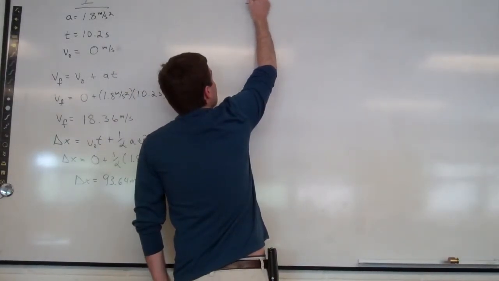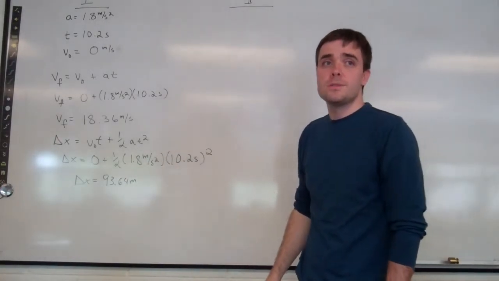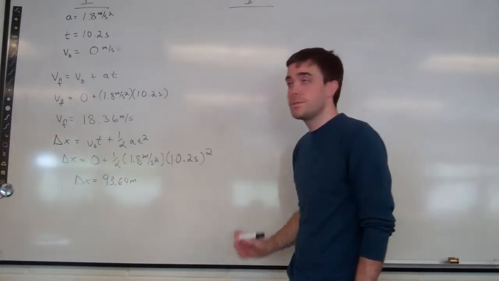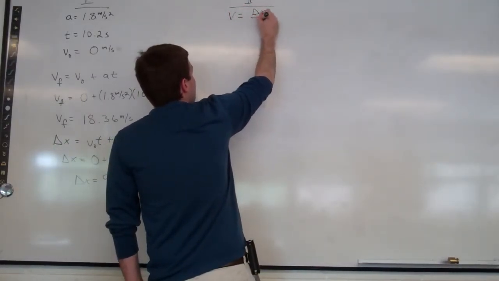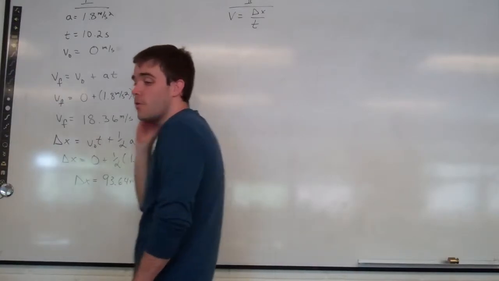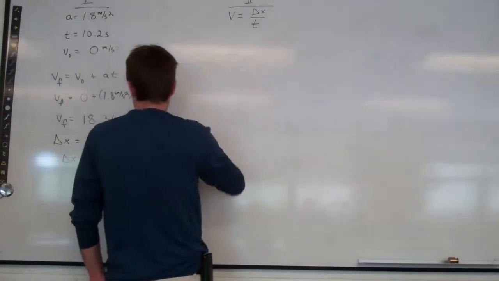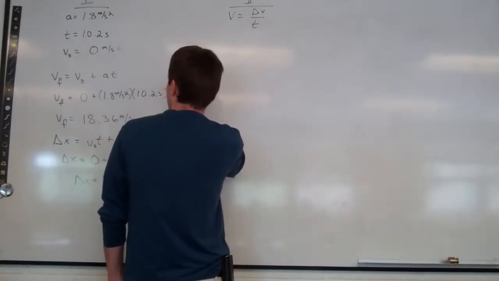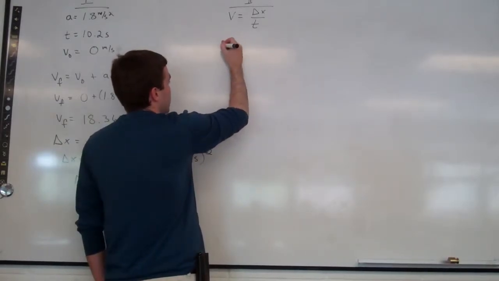Now part 2 is constant velocity. So what equation are we going to use? Yep, v equals delta x over t. What's our velocity for this part? 18.36. Yep, it ended with 18.36 meters per second, so its velocity is going to be 18.36 meters per second the whole time.